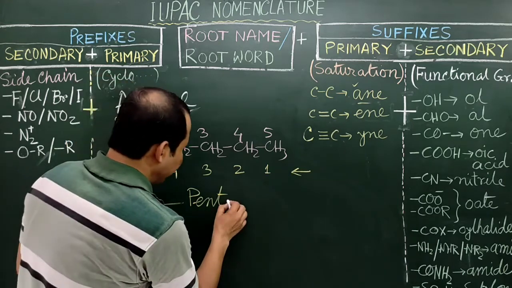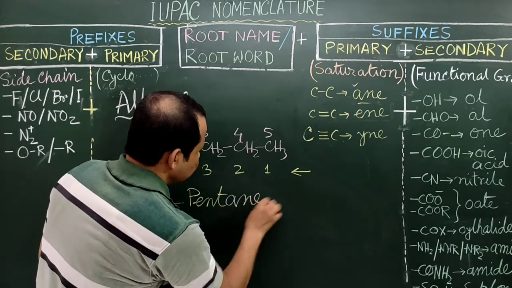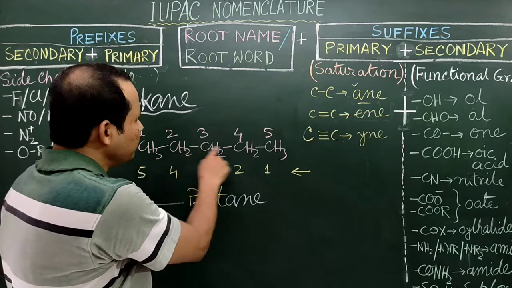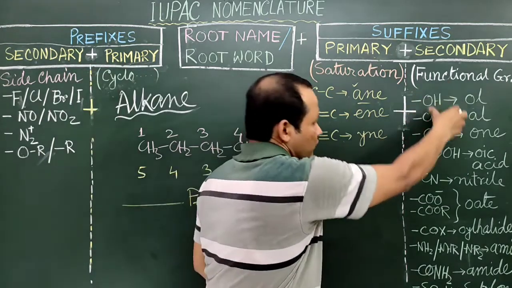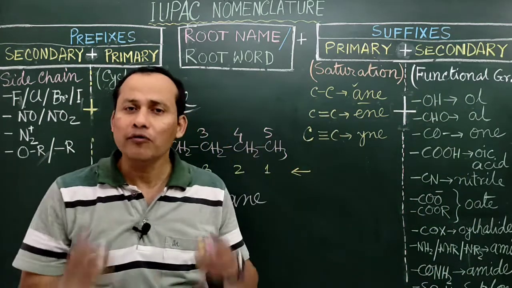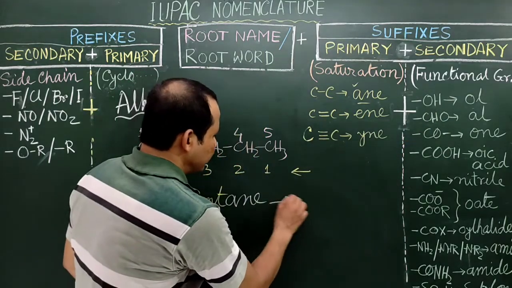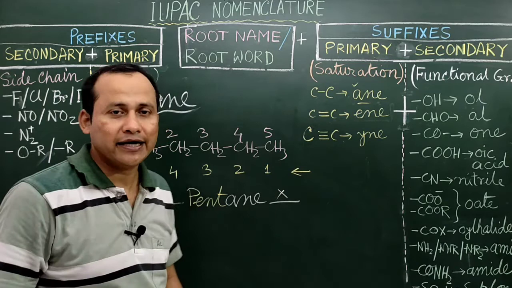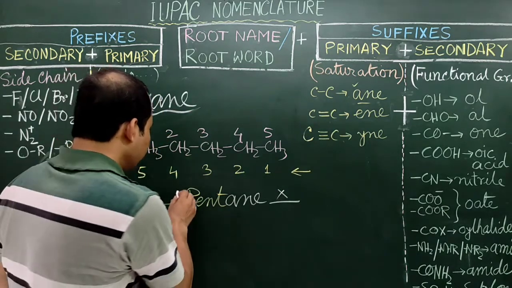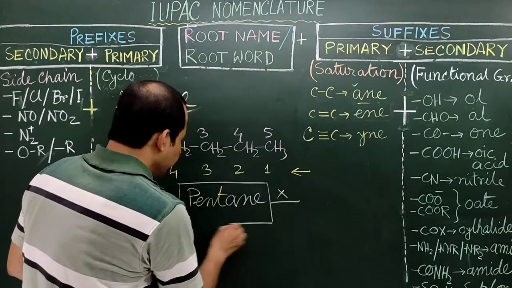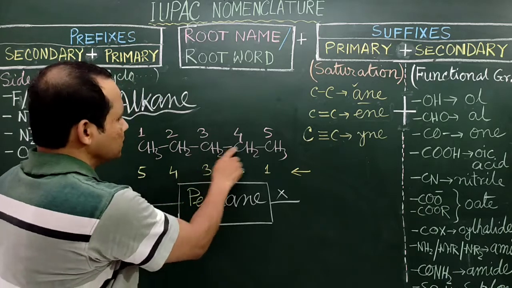So we shall add ane. Now is there any functional group from this list? No, no functional group is there from this list. So after that nothing will be there. So altogether this will be the IUPAC name of this compound.